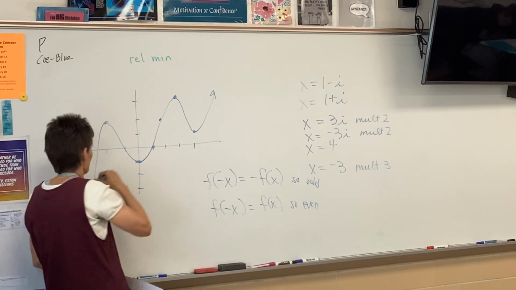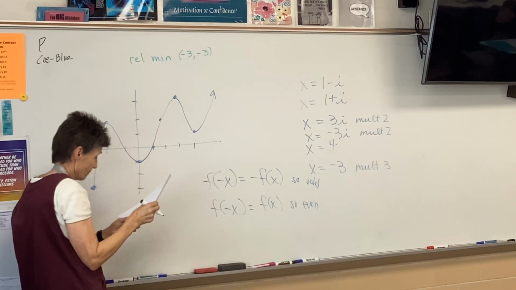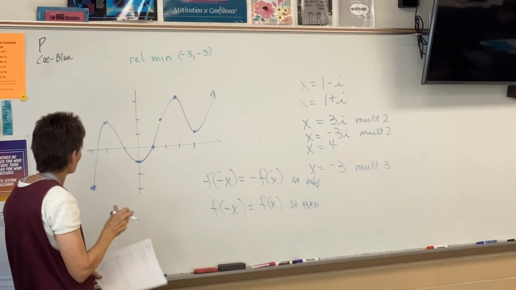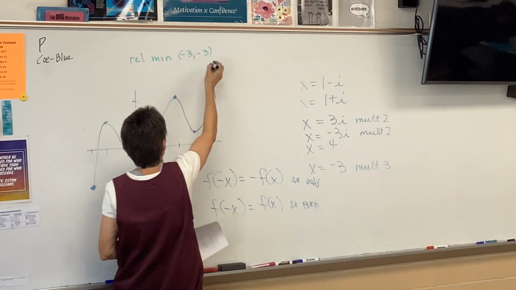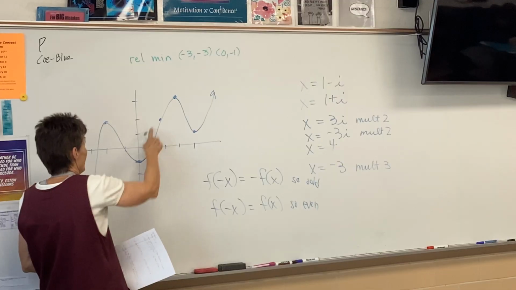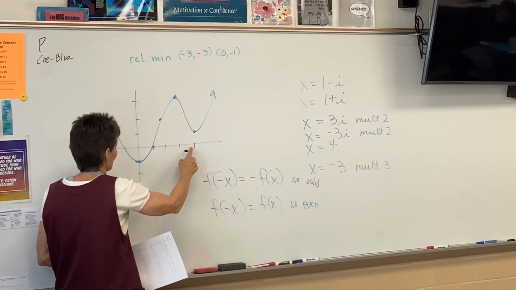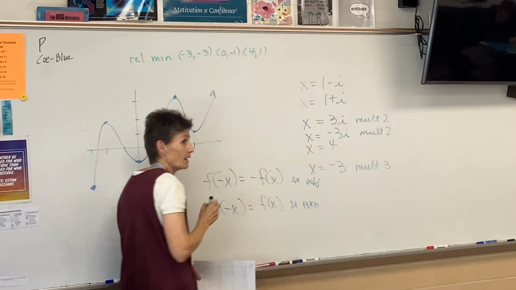So that's -3, I think. I got a bottom of the valley here. So 0, -1. And I've got a bottom of the valley here, 4, 1. How does that look to everybody? Is that okay?